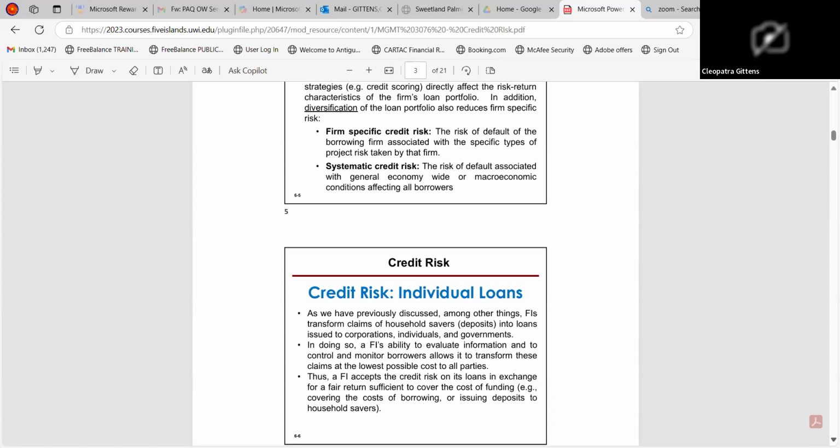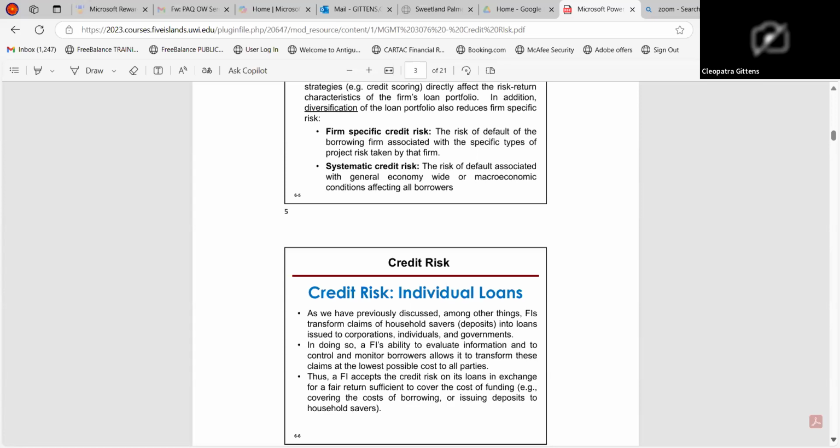And so the financial institution has to be able to evaluate all of the information that it gets on its borrowers. The financial institution will look at the creditworthiness of a company, whereas it will look at the individual's ability to pay back the loan, right?